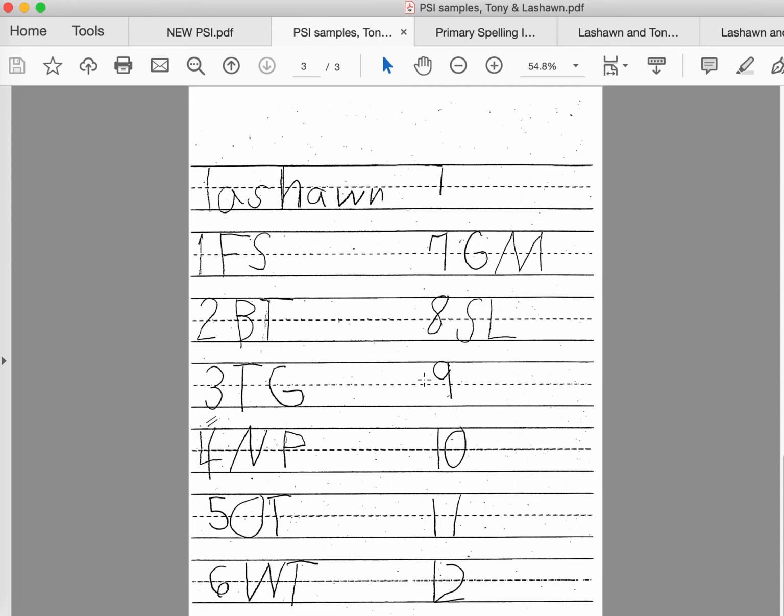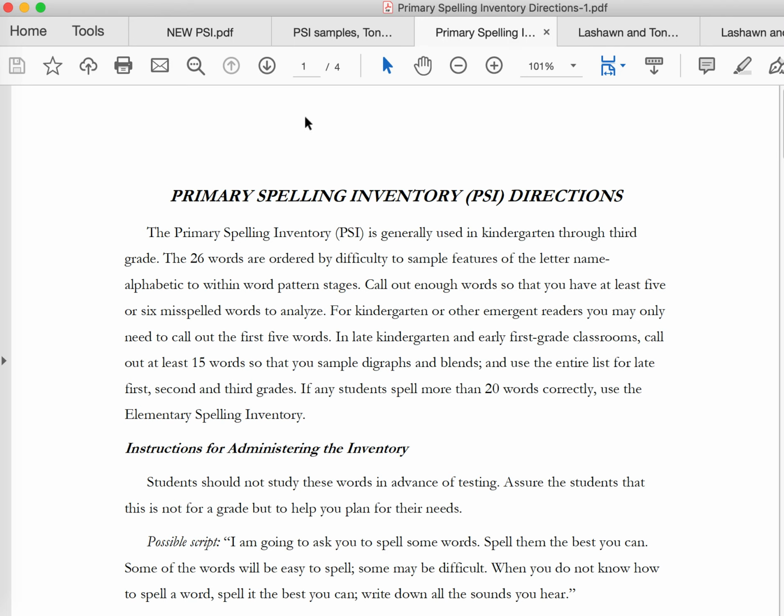And number 3, the PSI directions, this one. You need to read the directions before watching the video. If you have not read the directions yet, pause the video now and read. If you have all the materials ready and have studied the PSI directions carefully, you can continue watching this video.